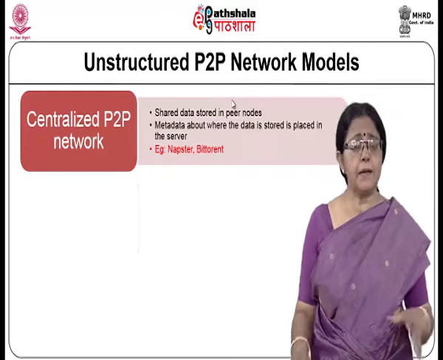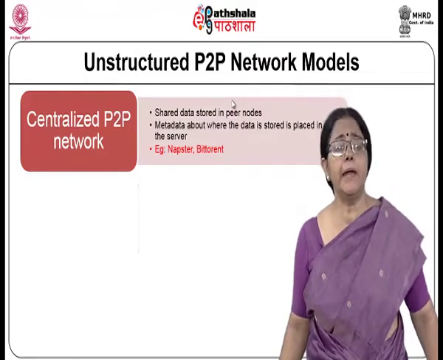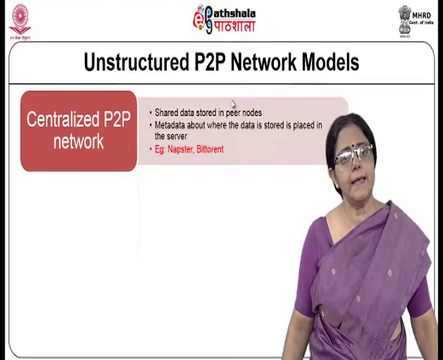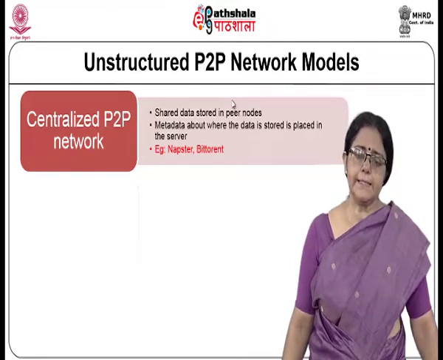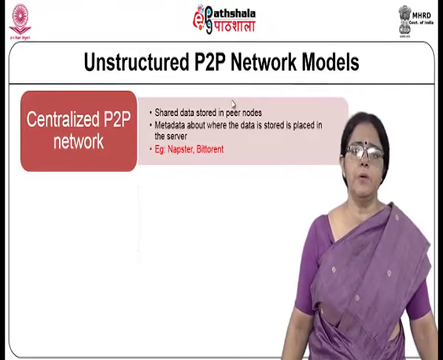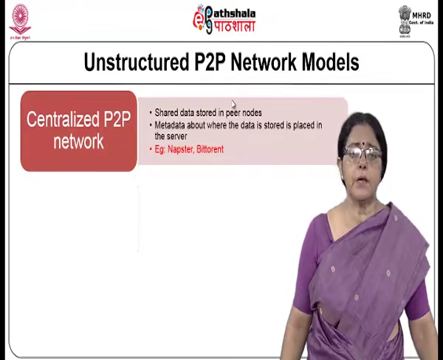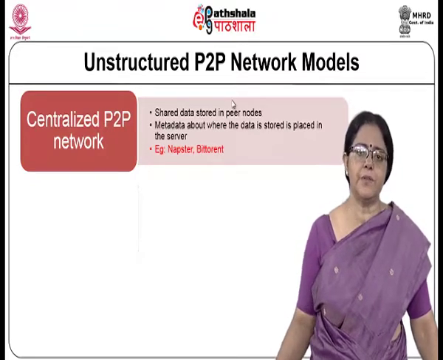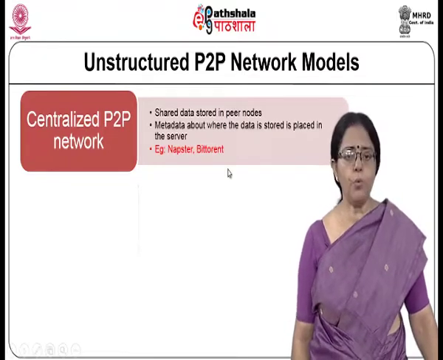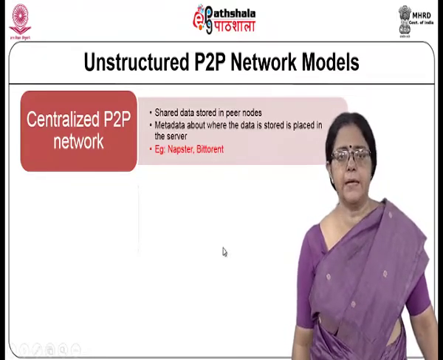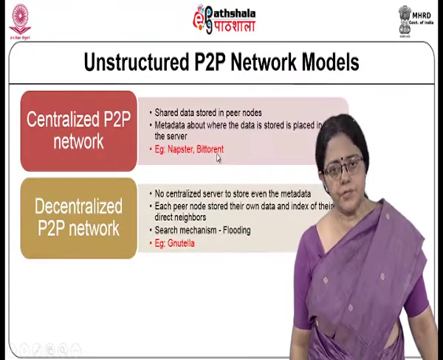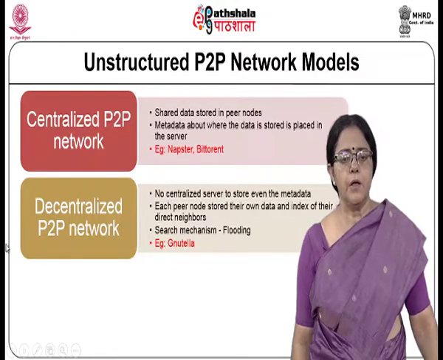The data is still shared among so many peers. There is no server which contains the data, but this centralization is for storing the information about which node contains what data. So, the indices of the nodes are stored in the centralized servers. Napster and BitTorrent are examples of this.